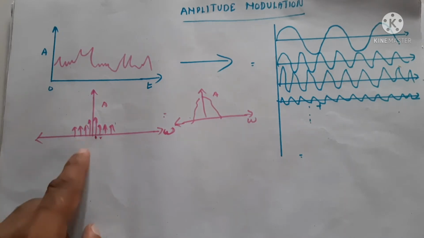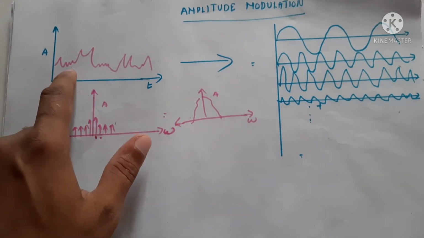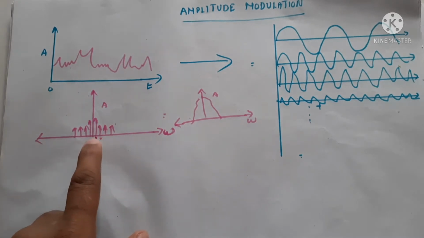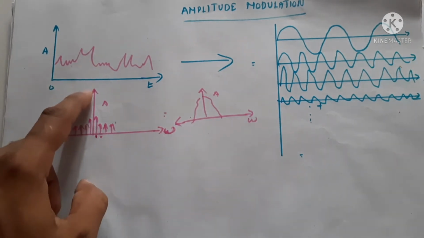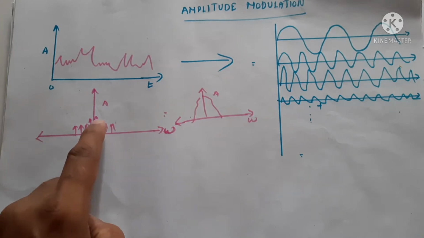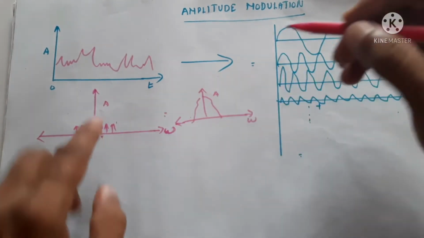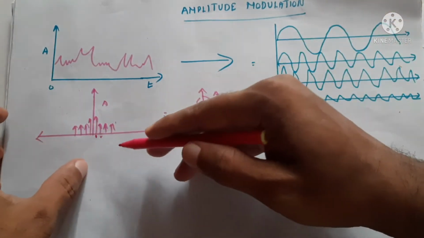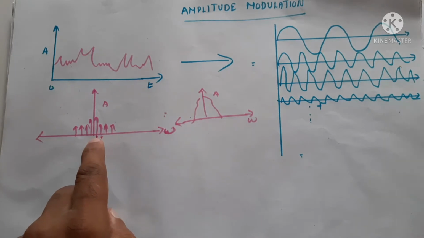Now, if we look at this plot, if this is the voice signal, what are the frequencies contained in this voice? This is represented in this waveform. Here we can say that the low frequency is also the same. If we say that the human voice contains frequencies up to around 20 kilohertz, this is the highest frequency and this is the lowest frequency.